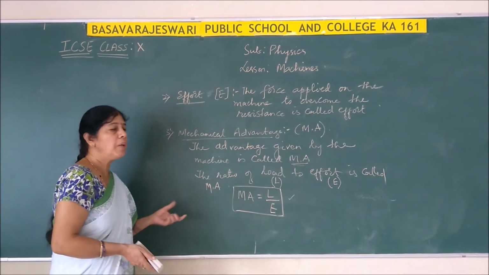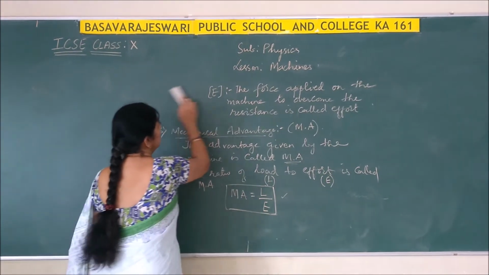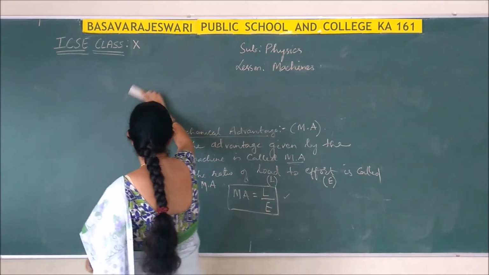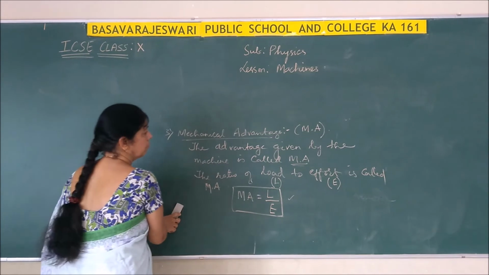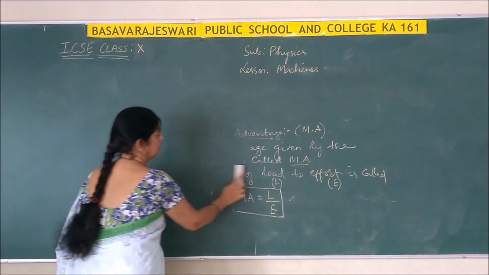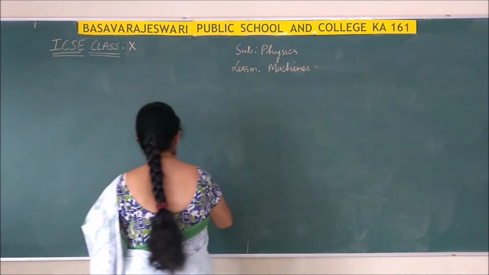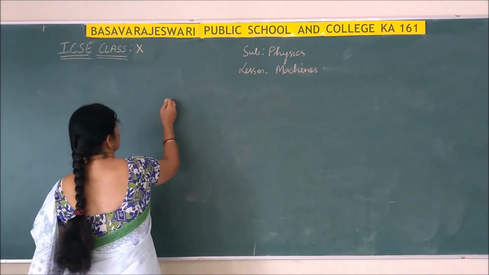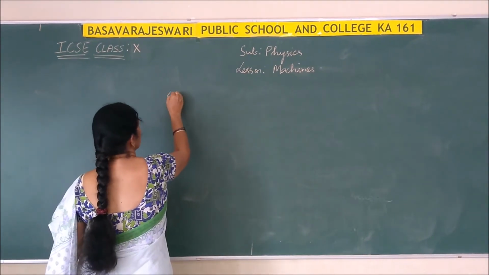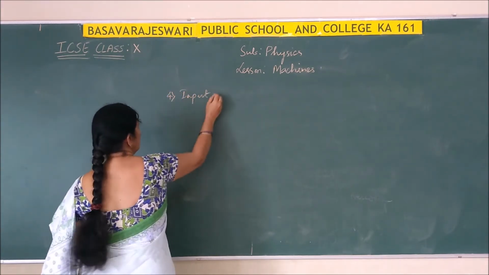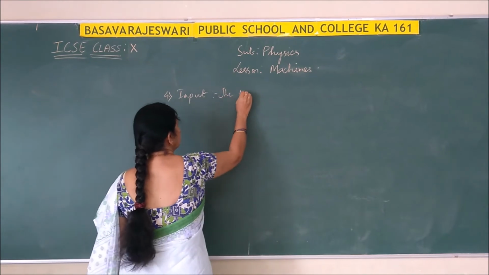Now, after this, the next term is input and output. The fourth term is input. Input means the work done on the machine.